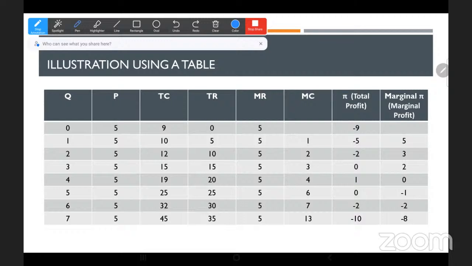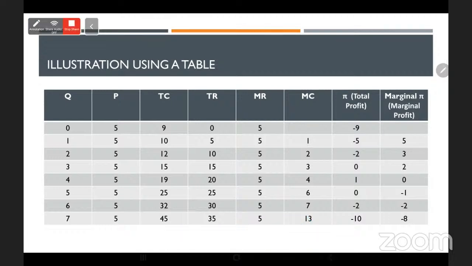So when quantity is 0 and your total cost is 9, then your fixed cost must be 9, because total cost is equal to total fixed cost plus total variable cost. Total variable cost depends on the quantity, so that is 0, but you still have the fixed cost. In this case, the fixed cost is 9.